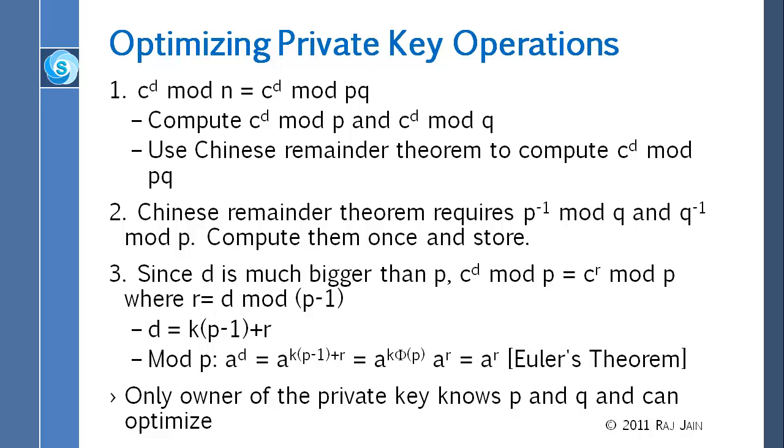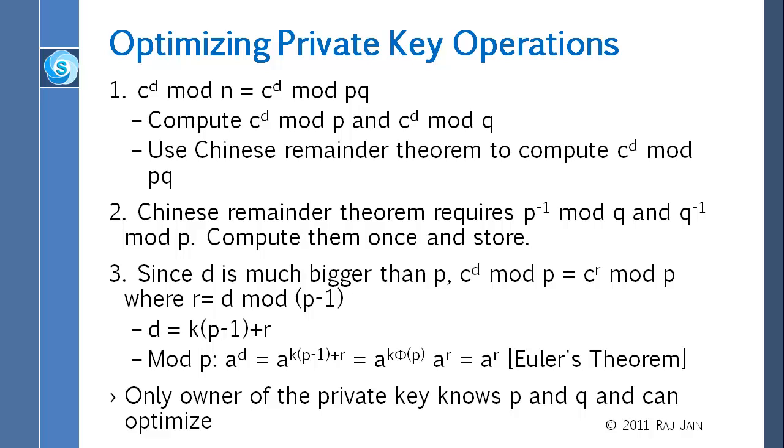We saw an example of 3, it could be 4, it could be 5, it could be 2 moduli. Here in this example, suppose you have two moduli. You can calculate with P and Q, which are smaller numbers than n, and then use the Chinese remainder theorem to calculate the product.